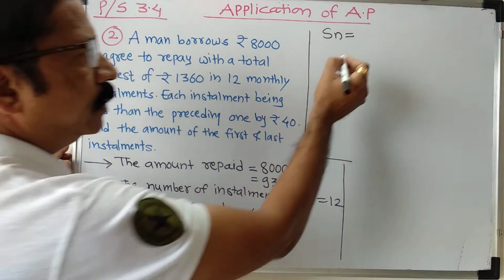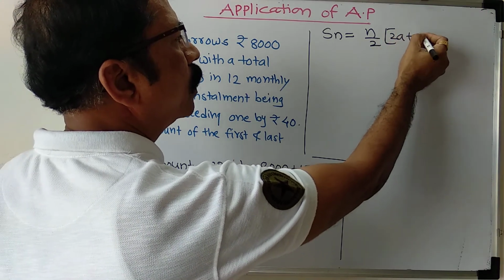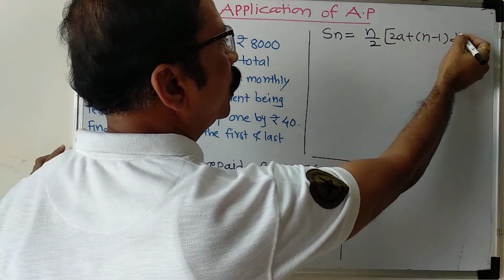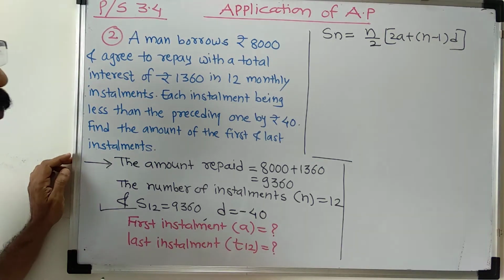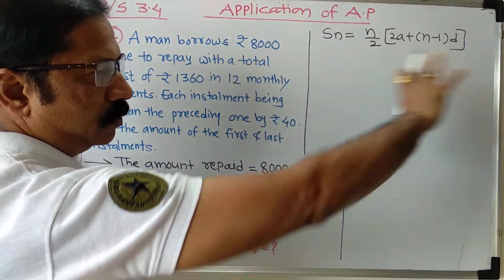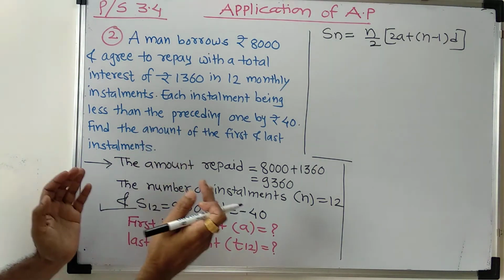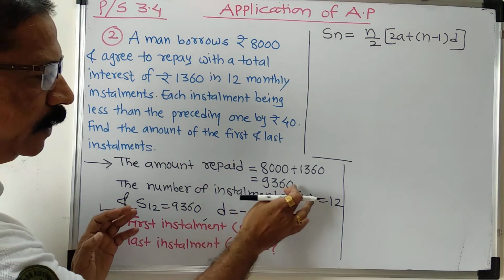You know Sn is equal to n upon 2 into bracket 2a plus n minus 1 into d. This is the formula. Sn, sum of 12 terms, because in 12 installments he is going to repay the total amount 9,360.